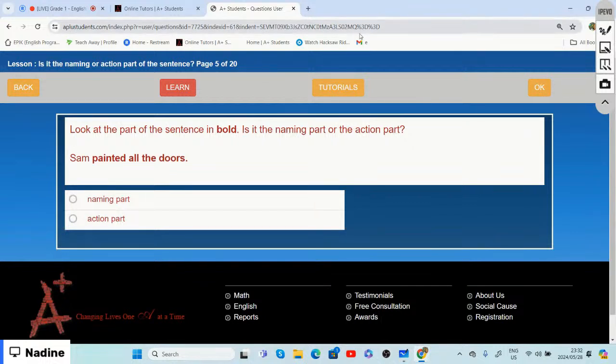And then Sam painted all the doors. What did Sam do? So is it the naming part, painted all the doors, or is it an action part where he painted all the doors?